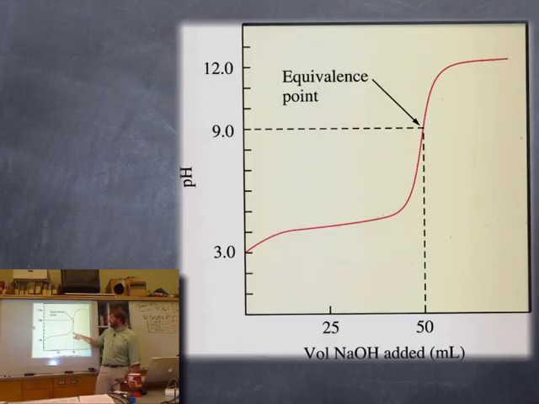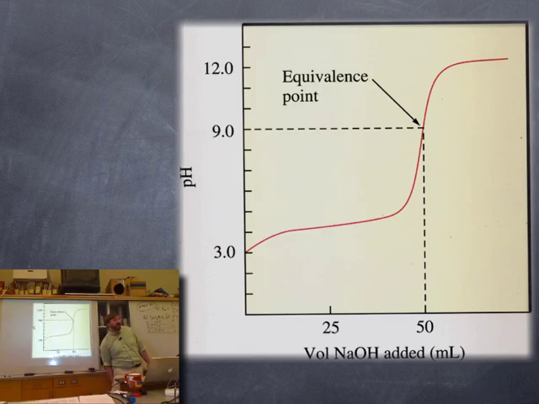Here is our equivalence point. A couple of things to notice about this. The halfway point is the point of maximum buffer capacity. It's the midpoint of this lower flat section, and you can usually find it by looking for this point here.